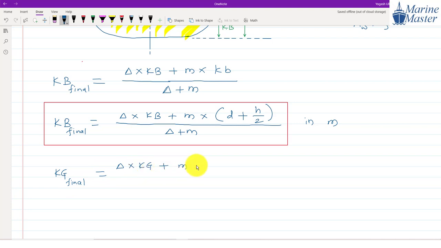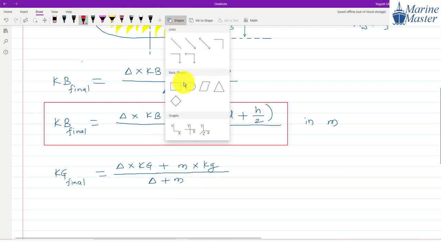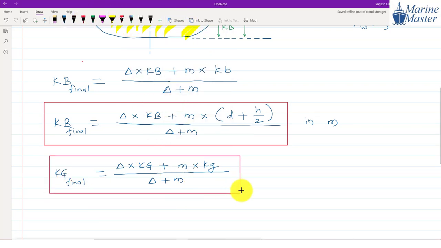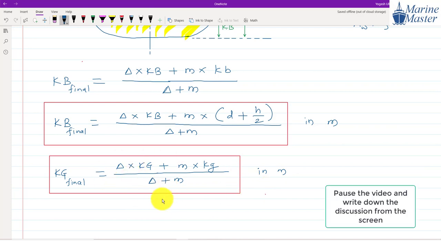Then we are adding a mass m, small kg, divided by what, guys? New mass, that is total mass, guys. So in this way we will get new KG final. Please everyone add this new KG final in your notes. Also write down side by side the unit also, guys. Please everyone add this new KG final.